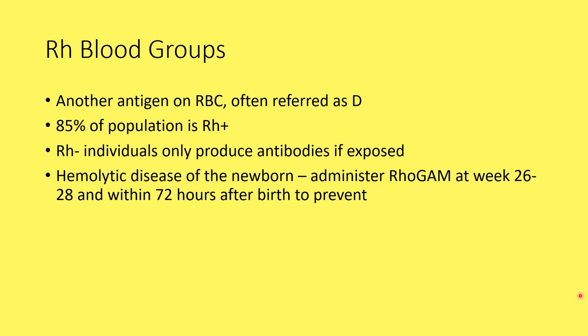And usually right after birth, usually within 24 hours, they can go as much as 72, but they try to administer another shot of RhoGAM as soon as possible after birth to try to prevent, once again, the mother from producing any more of these antibodies, to tie them up. And certainly, if she already has had one pregnancy, they're going to watch really, really closely because chances are she's made antibodies.